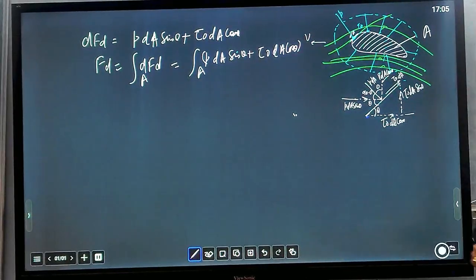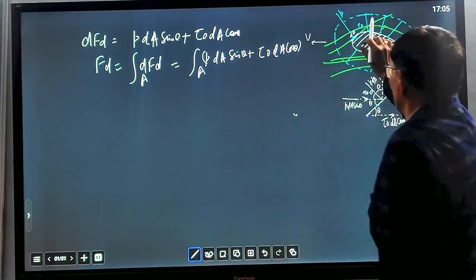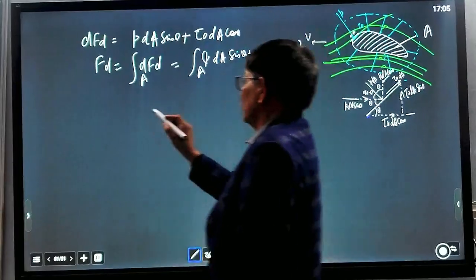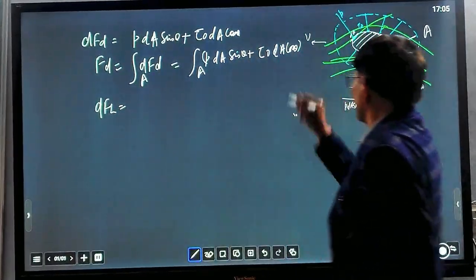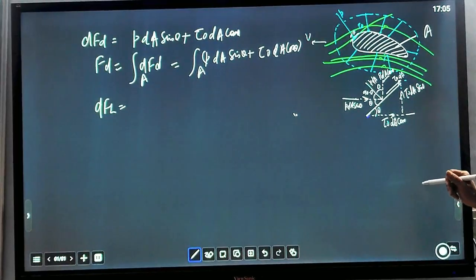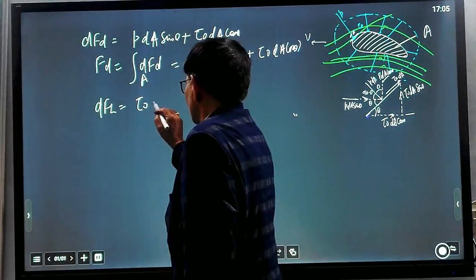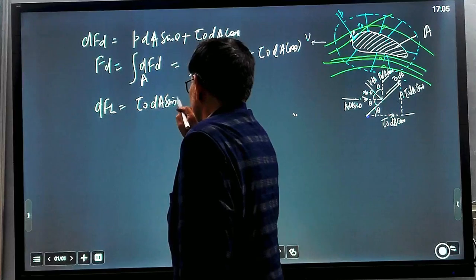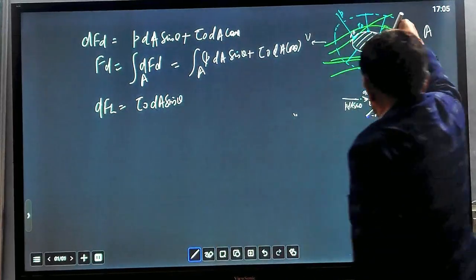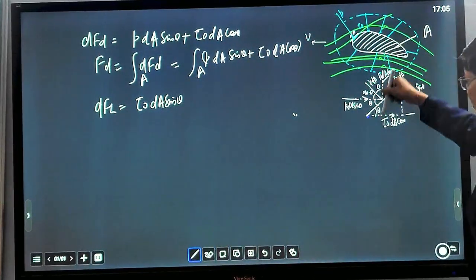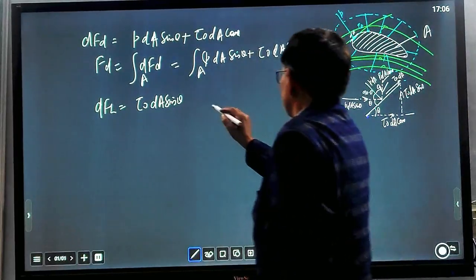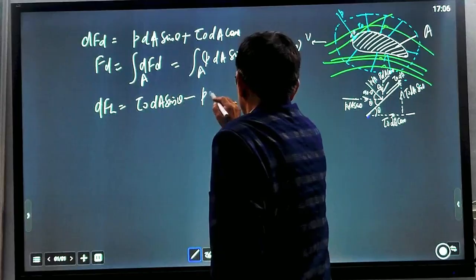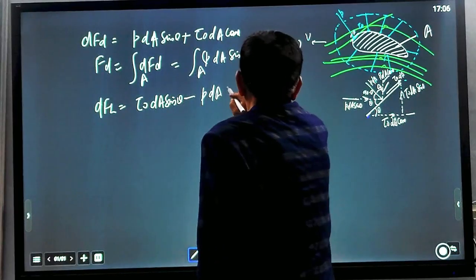Similarly, we can find the lift force acting on this small elemental area dFL. Resolving all vertical components, that is tau naught dA sin theta, and minus, because this pressure force is acting downward, minus P dA cos theta.